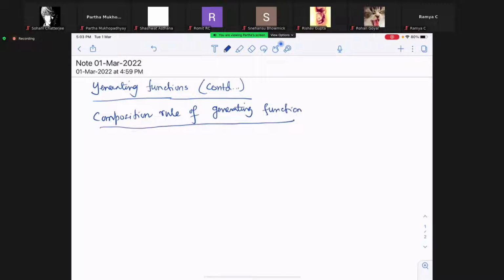If this situation arises in some problem, so if you have two generating functions, let's say f(x) and g(x), how do we compose them, and under what condition? This is a typical question.